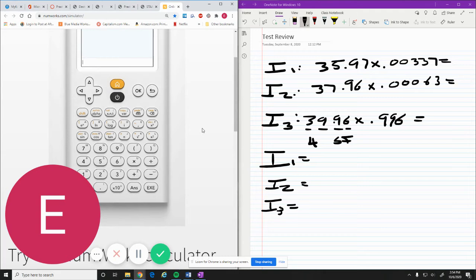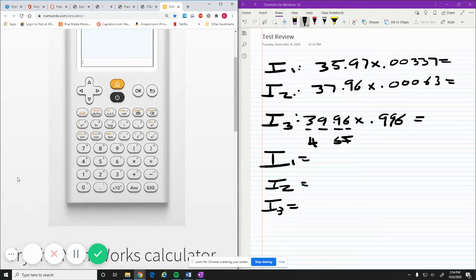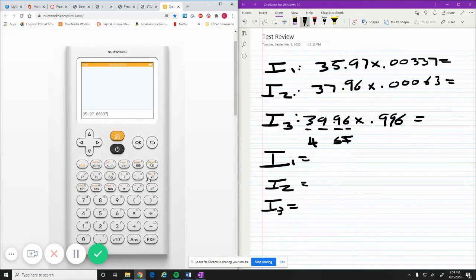All right, I'm going to do the first one. So let's do 35.97 multiplied by 0.00337. And that's going to give me, let's hit execute.